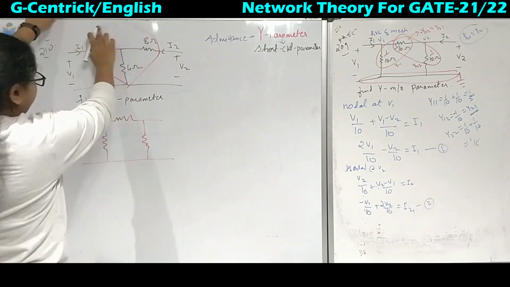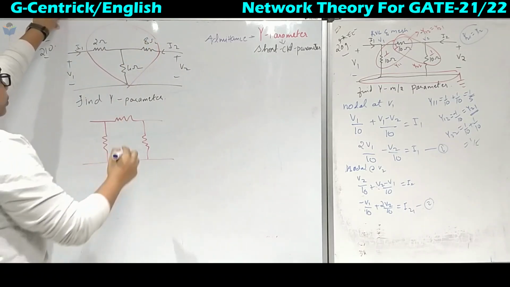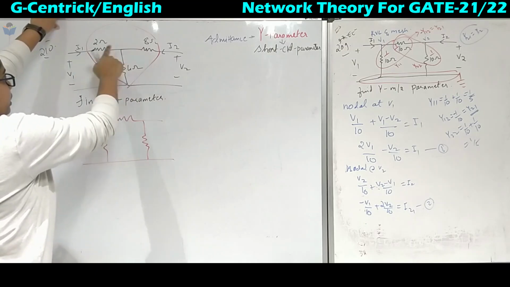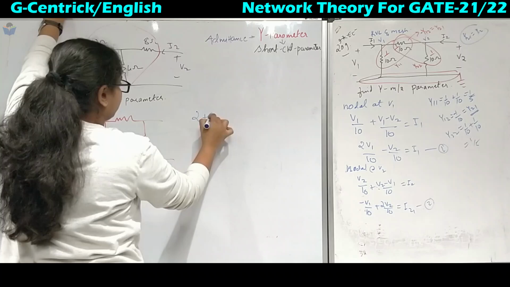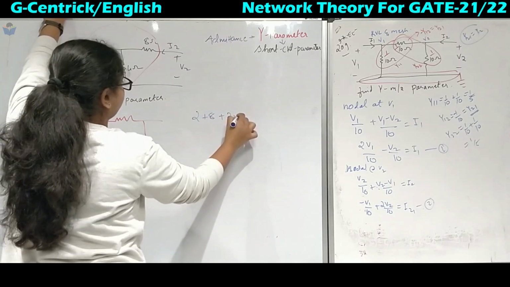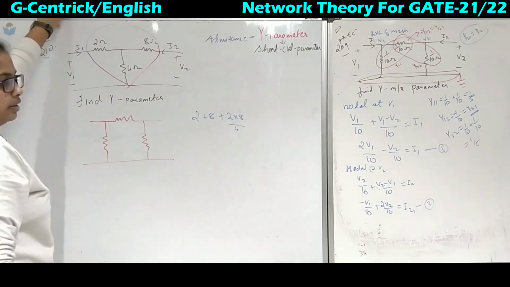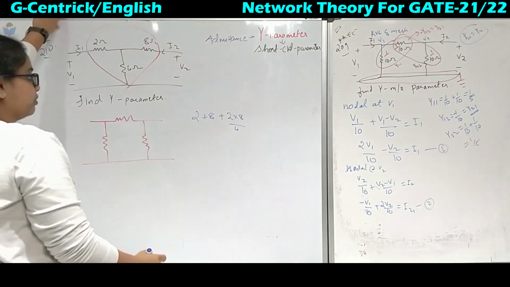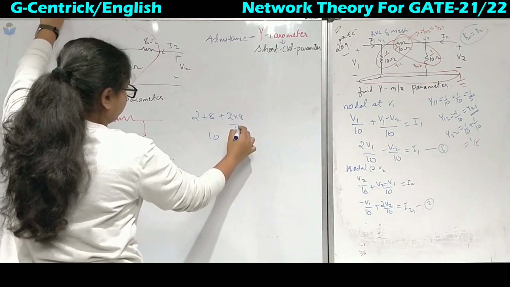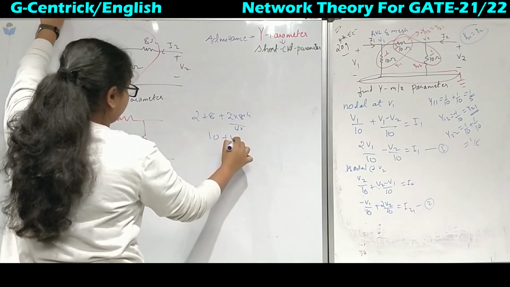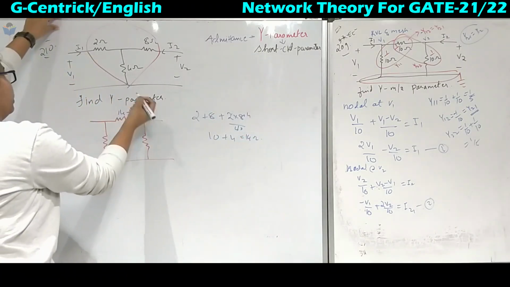To get this resistor value, it is connected across 2 and 8. So I will add both the resistors, multiply them, and divide by whichever resistor is left out. So this is 10, this is 4, 2 4s are 8, plus 2 and 8 gives 4, and this will be equal to 14 ohms. So this one is 14 ohms.